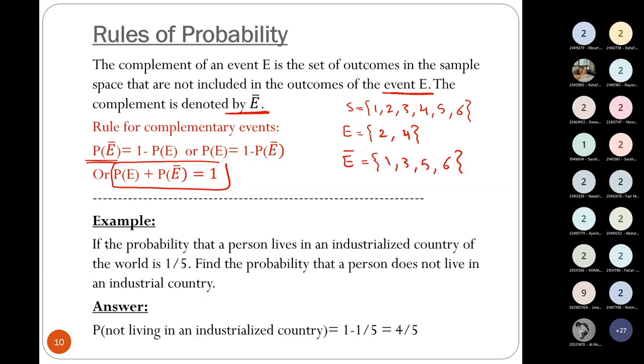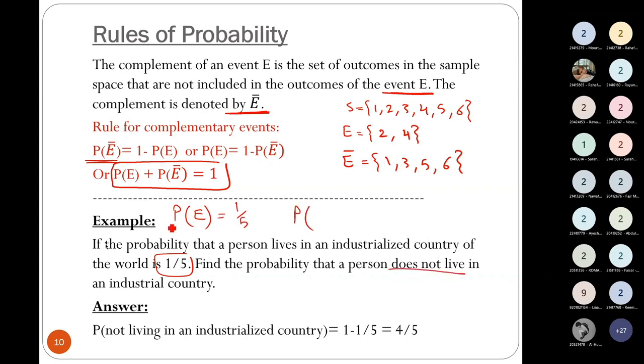Example: if the probability that a person lives in an industrialized country of the world is 1/5, find the probability that a person does not live in an industrial country.